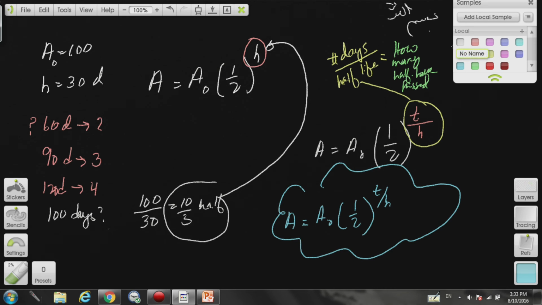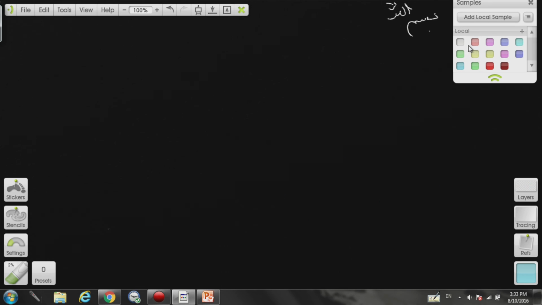Now, let me give you another example, a real-life example. It says the half-life equation for chromium-51 is given by this equation, with exponent T over 28, where the half-life is 28 days.